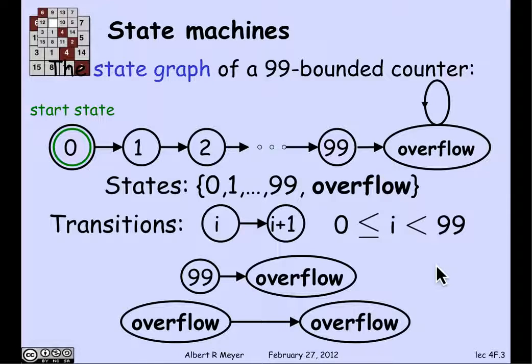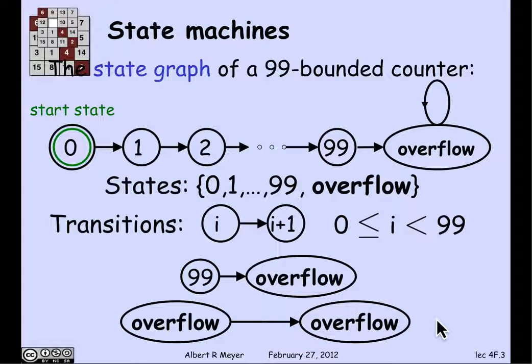And the transitions can be summarized by saying that they're of the form I to I plus 1 for I between 0 and 99. And then there's a 99 transition to overflow, and once you're in overflow, you stay in overflow. So the picture at the top is saying exactly the same thing as we've said here in mathematical notation, explicitly describing what the transitions are.